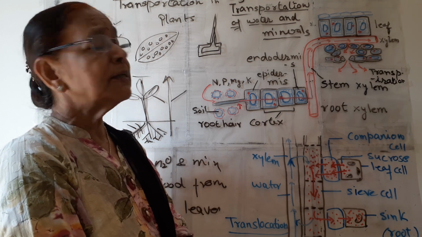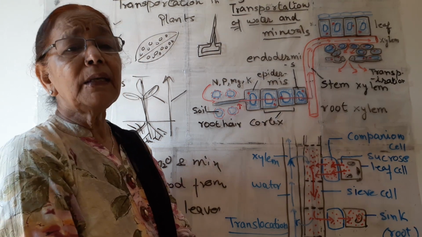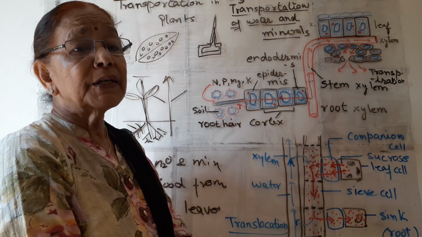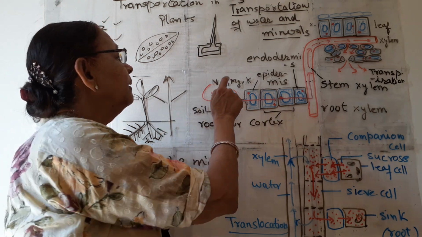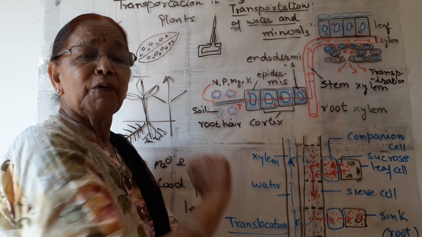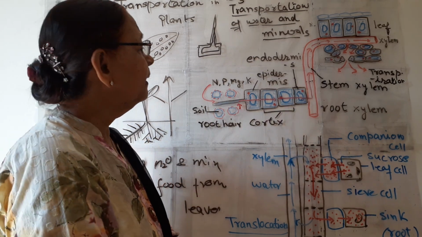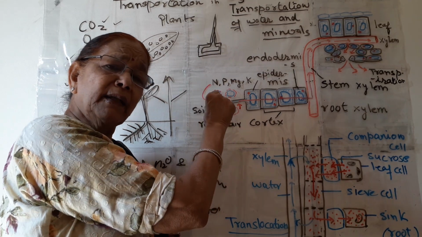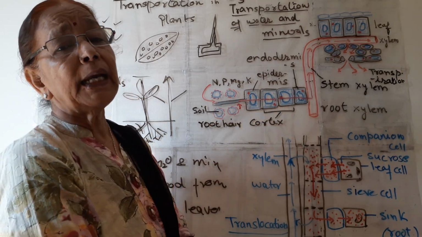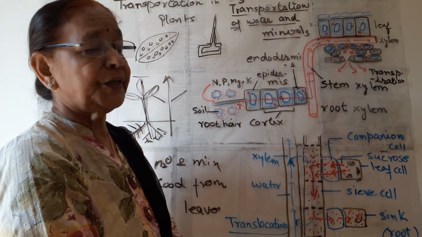Now you know what active transport is. It uses energy or ATP for going in. These ions are present in the form of cations and anions. So to go inside the root hair, these ions use ATP or energy.